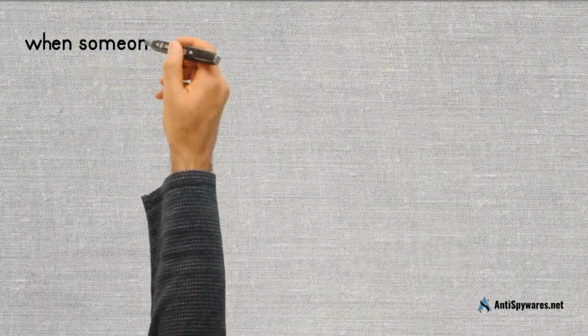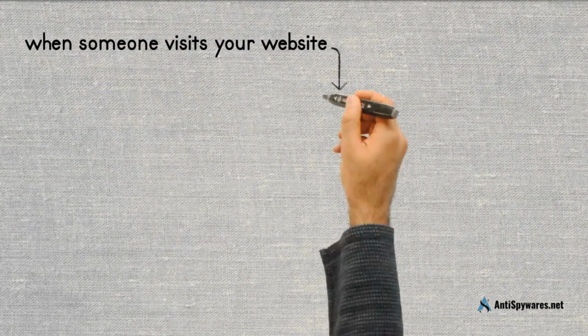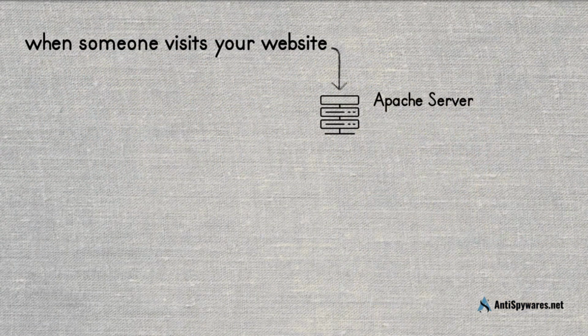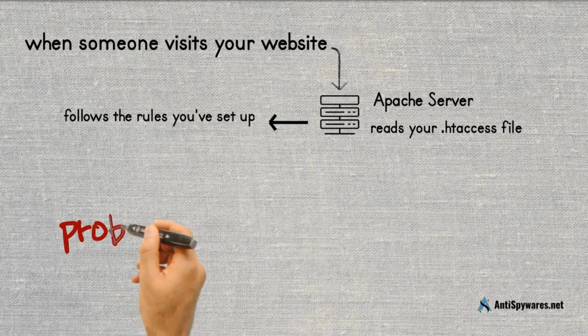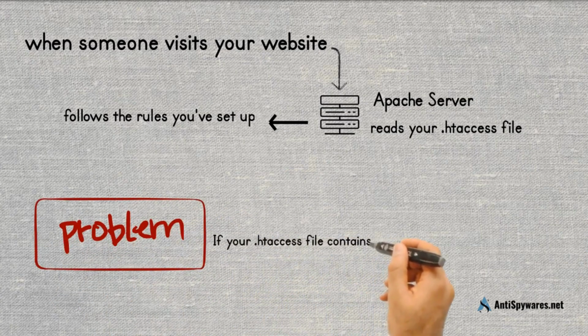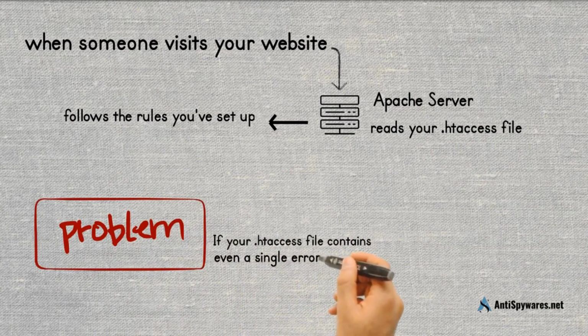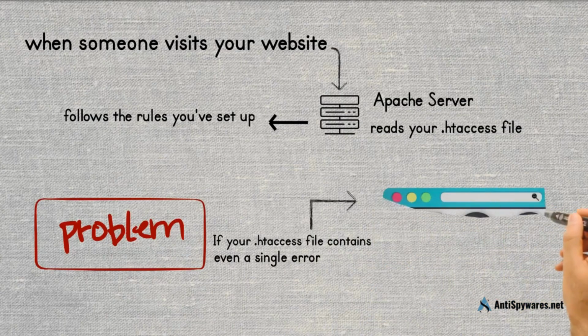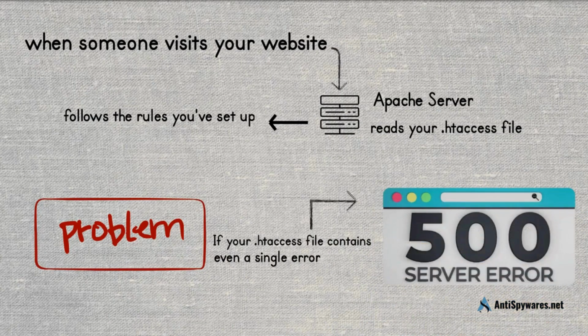When someone visits your website, the Apache server reads your htaccess file and follows the rules you have set up. But here's the problem. If your htaccess file contains even a single error, your visitors might see a 500 internal server error instead of your website. That's where validation becomes very critical.